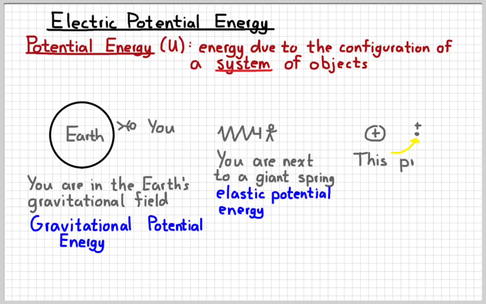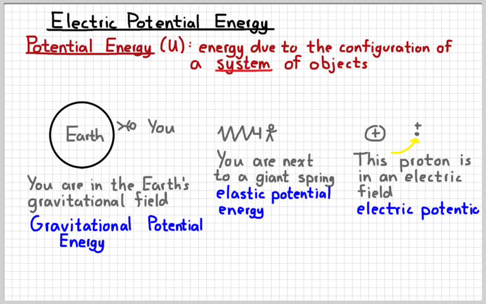Now, two charges which are close to each other, like a proton next to a big positive charge, would have electric potential energy. So in all three of these situations, the object, in this case you, in this case you, in this case the proton, have energy due to their position.